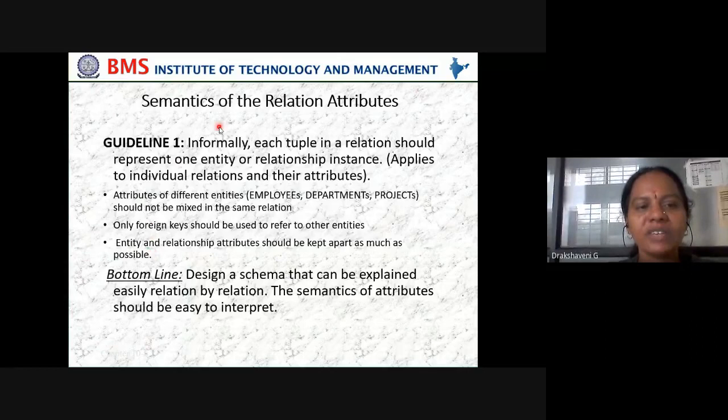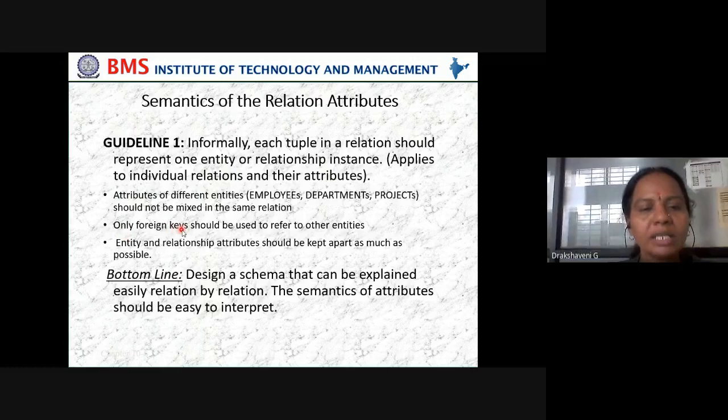So that's what the first guideline says, the semantics of the relation attributes. Informally, each tuple in a relation should represent one entity or relationship instance. It applies to individual relations and their attributes. The attributes of different entities, that is employees, departments, projects, should not be mixed in the same relation.